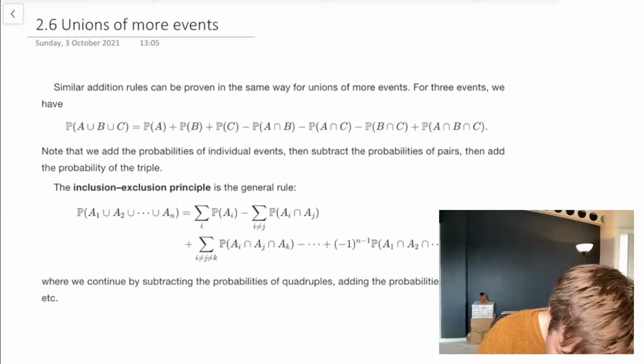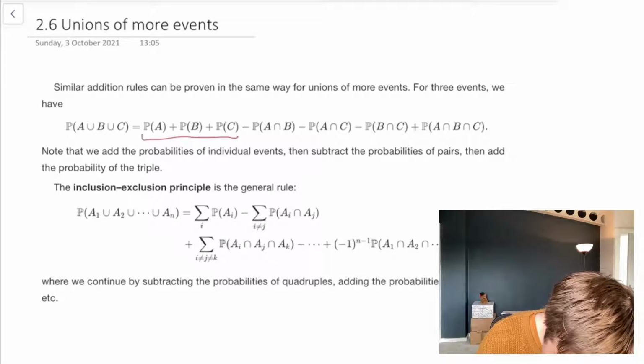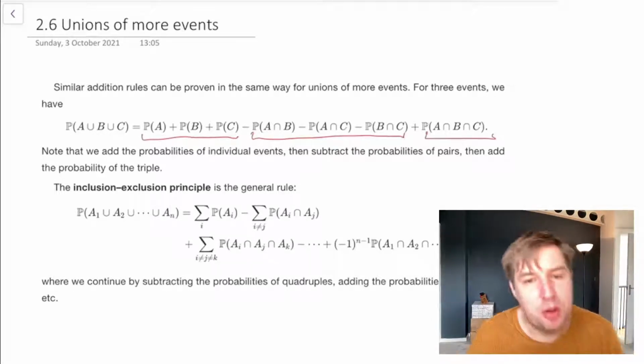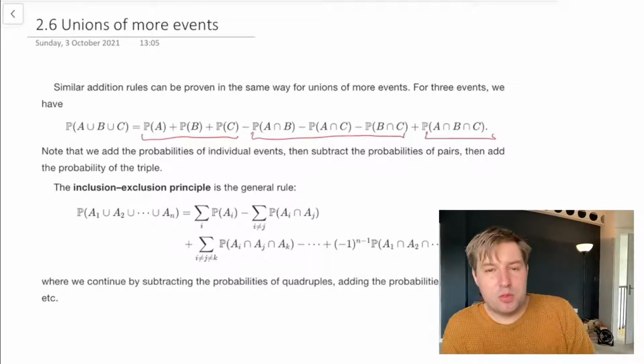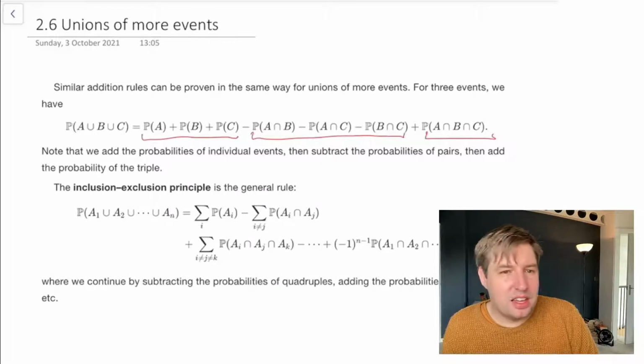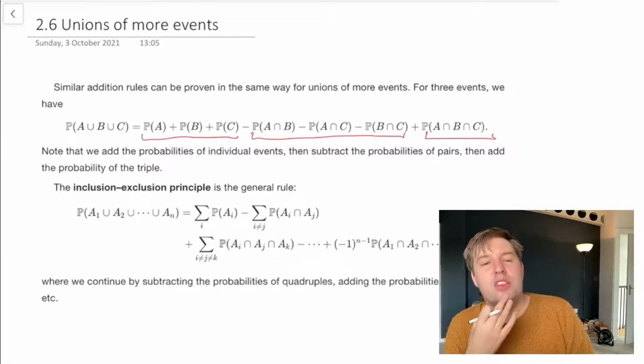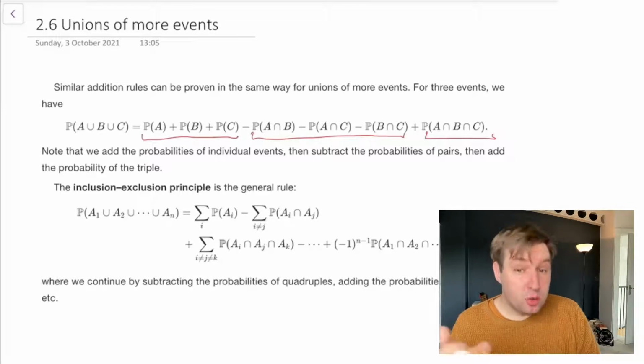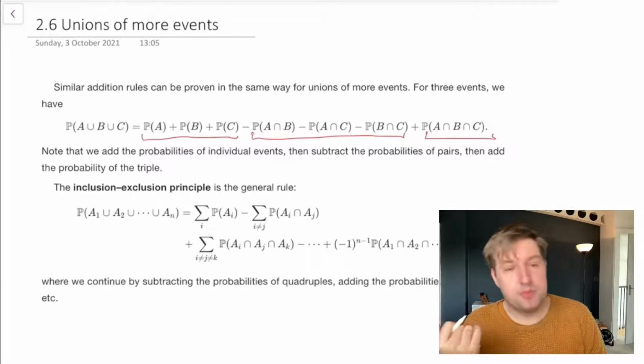Here, we're adding the individual probabilities, taking away all the double probabilities, and then adding the triple probability. You can prove this in the same way by writing down these disjoint unions again, but I won't go through that here. In fact, an easier way to prove it is using the double rule first.